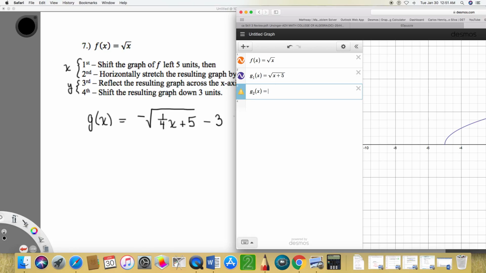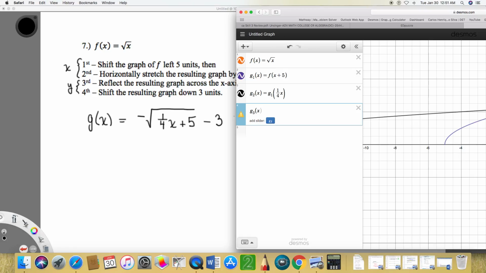Oops, I'm trying to use function notation. I suppose I don't have to use function notation. There. Sorry about that.